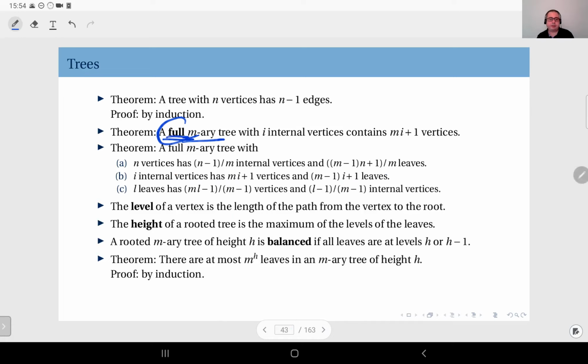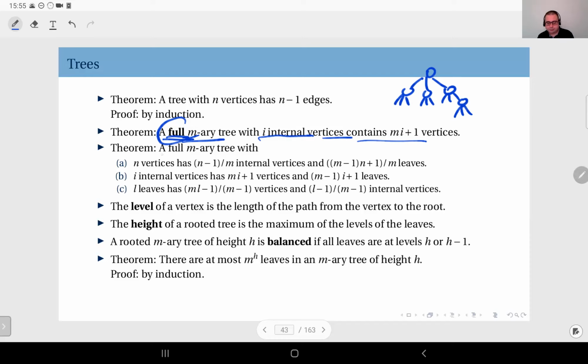Okay, a full m-ary tree with I internal vertices contains m times I plus 1 vertices. So you can actually prove this because each one will have m, and you can apply simple algebra to prove this, not that difficult.